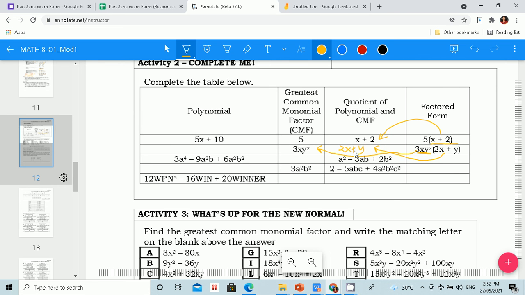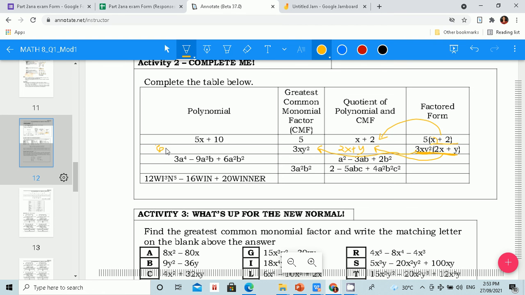And then what will be the equation if we have this factor? If we have this factor, then we are going to give the polynomial. We multiply the 3xy squared times 2x, then 3xy squared times y. So 3 times 2 is 6.